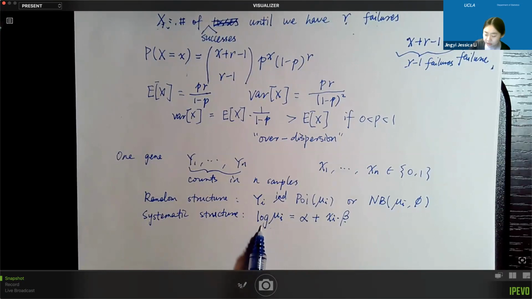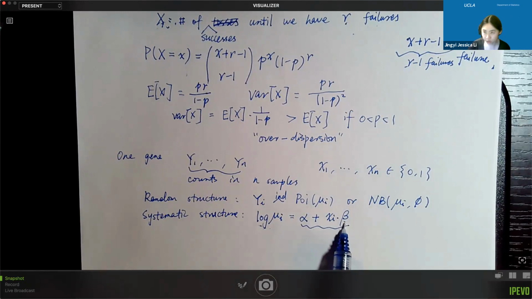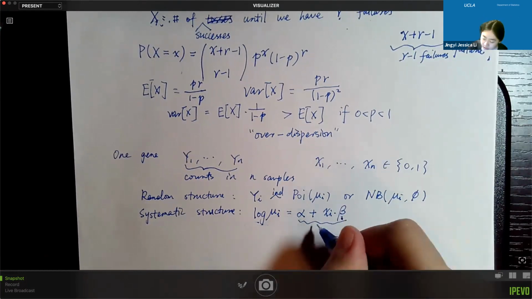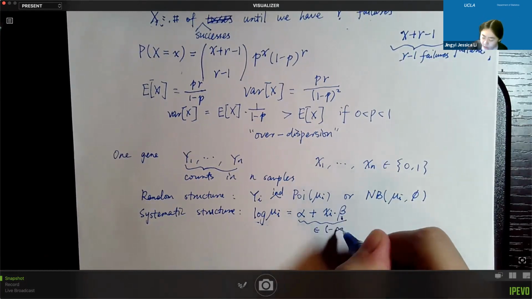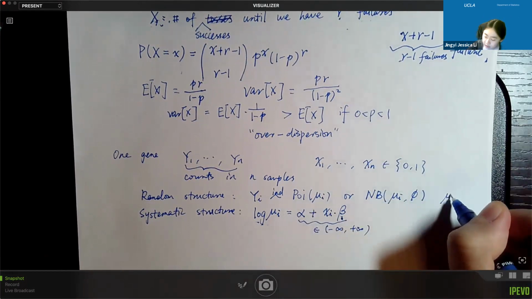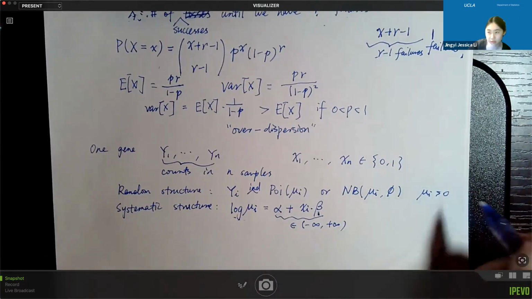So why are we taking this log function here? This is a concept in the generalized linear model called the link function. The reason is that on the right-hand side, beta is a coefficient which can be positive or negative, and the intercept can also be positive or negative. So this value can take values from negative infinity to positive infinity. But the mean parameter mu i for Poisson or NB must be positive.